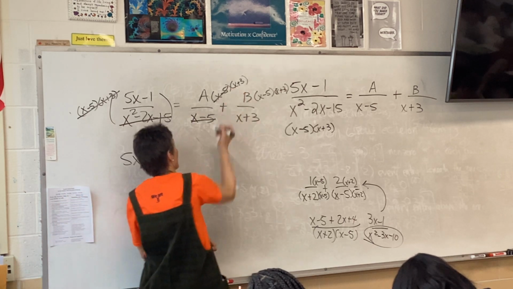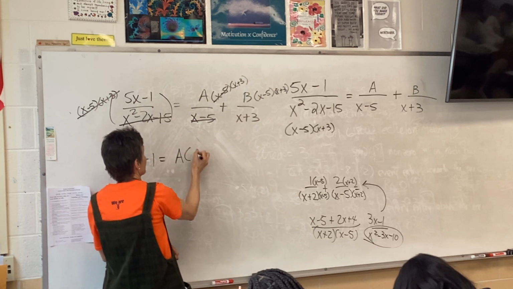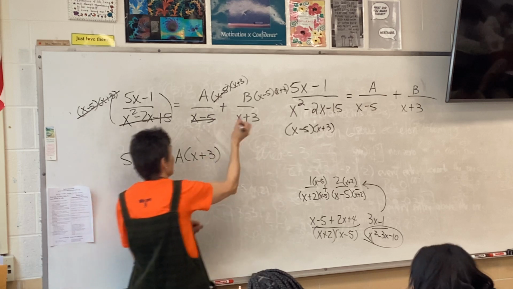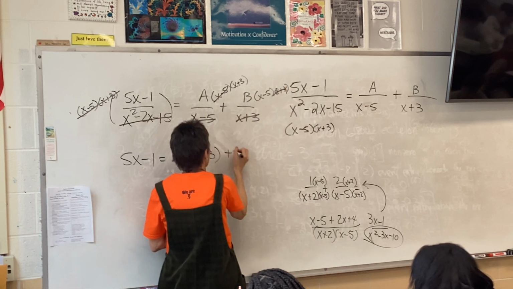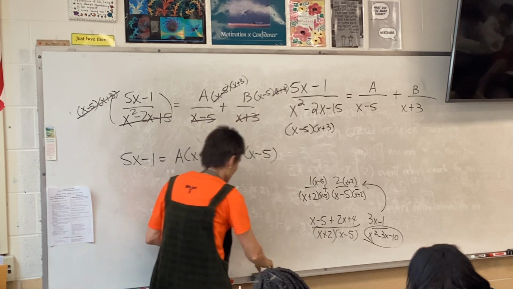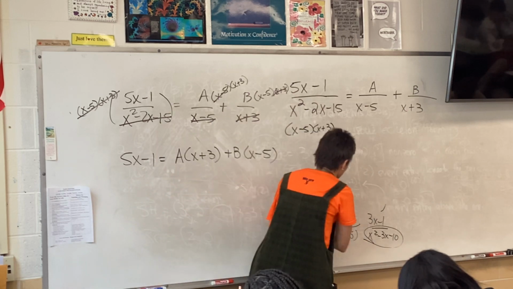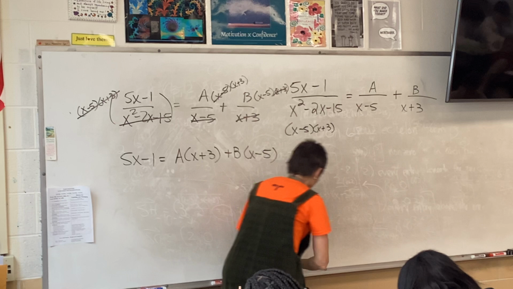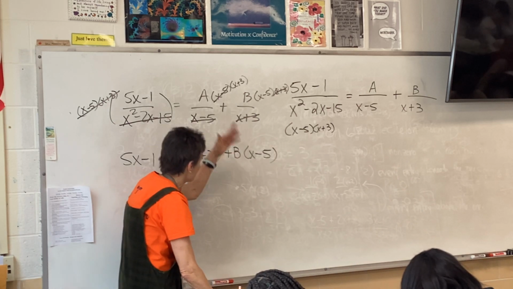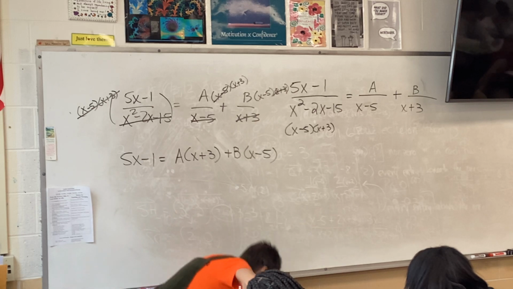This part will go away, and leave me with this. This will go away, and leave me with this. Now take a look at that and make sure that that is making sense to you. You've done that before. Not with letters like this, but you've done that concept before.